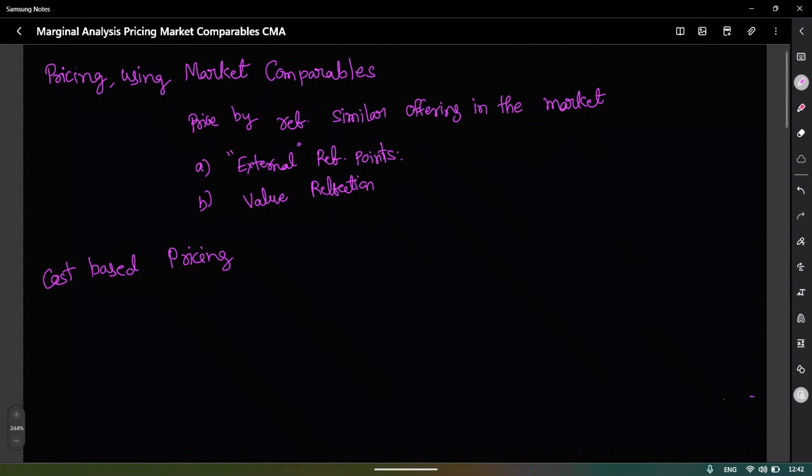This cost-based pricing is the pricing strategy where the management sets the selling price by determining the total cost involved in producing that product or service. We are producing a product, so what is the cost on that.